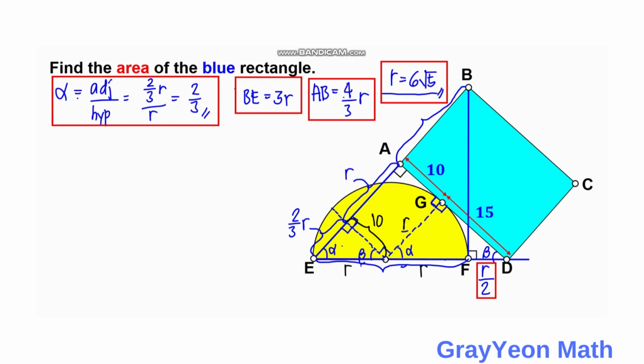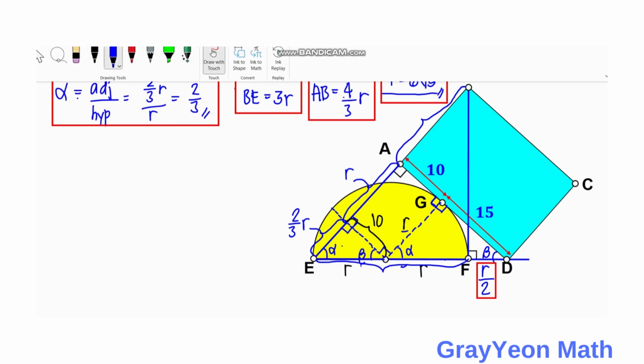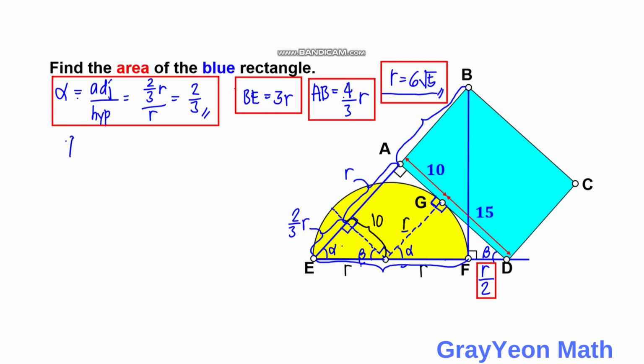Now for the final step, we can find the area of this rectangle. Area is equal to AB times AD. AB is equal to 4/3 of R, that is the width, multiplied by AD, which is 10 plus 15, and this becomes 25.